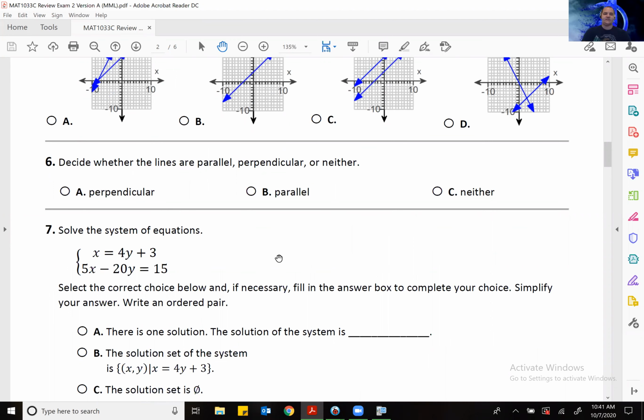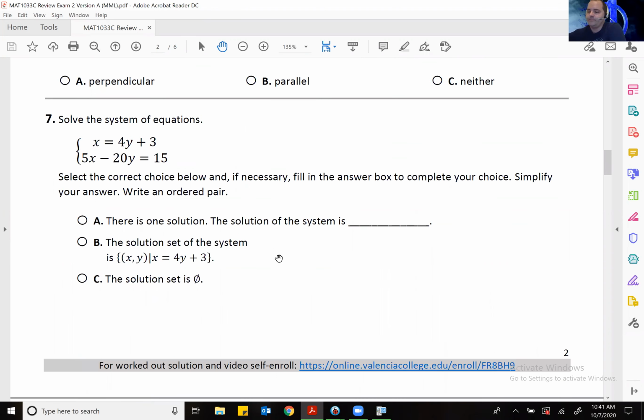So number 7 says solve the system. We got the system of x equals 4y plus 3, and then 5x minus 20y equals 15. So again, this is either going to be a one solution, an infinite solution, or a no solution. What would you use to solve this?